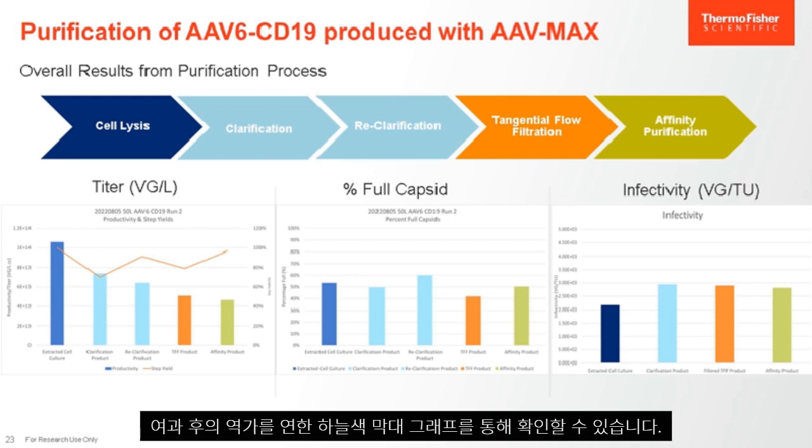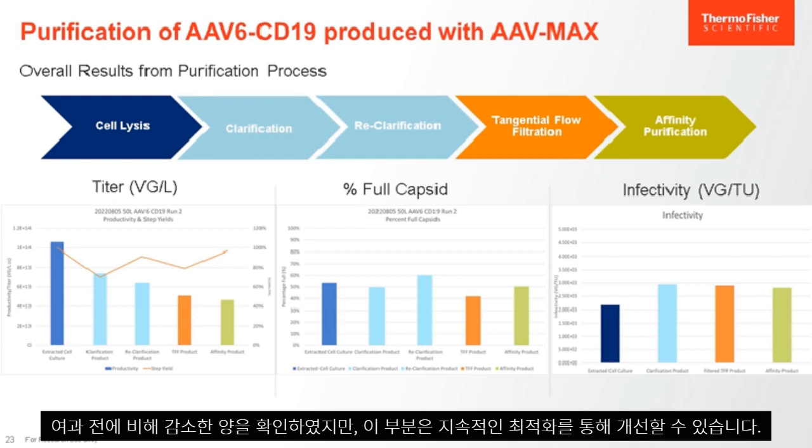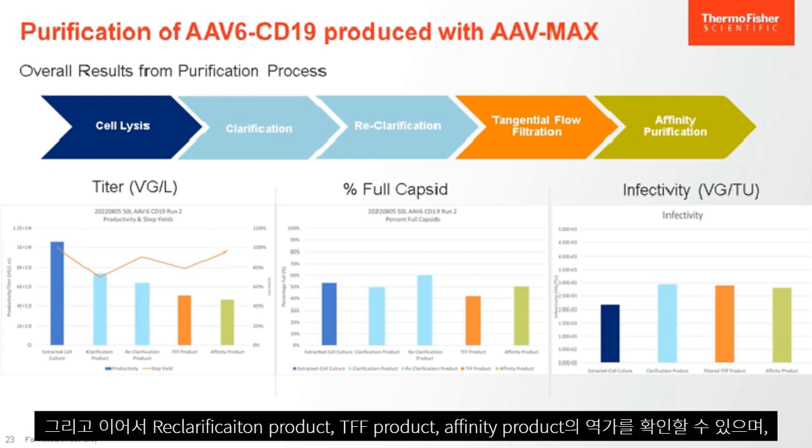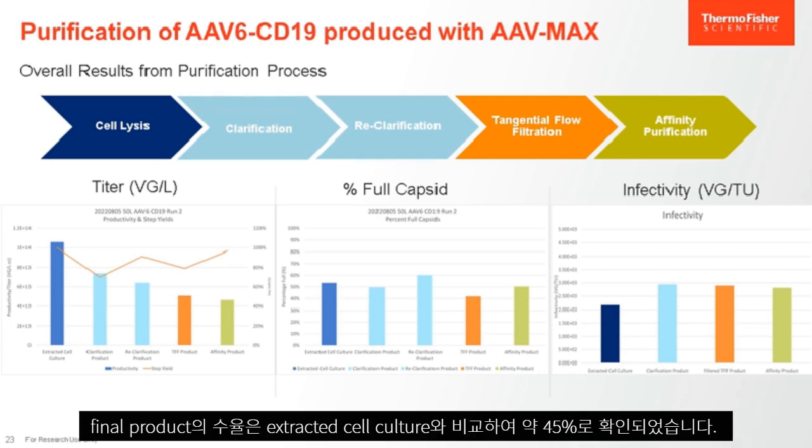You see a little bit of loss at that clarification product in the first light blue bar. Again, we believe there's optimization that can continue to take place there to decrease that initial loss that we were seeing. And then to the right of that, the other light blue bars are the reclarification product, the TFF product, and finally the affinity product, where we were obtaining about 45% overall yield from our final product compared to our extracted cell culture.